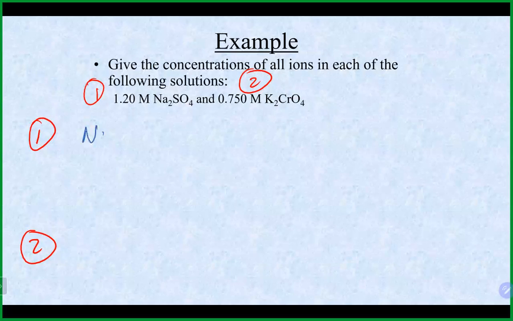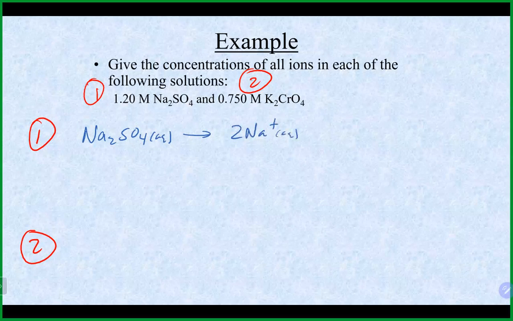So really the first thing you got to determine is how this guy is going to break apart. So if we took our first guy here, our sodium sulfate in solution, it will 100% break apart into two sodium ions and a sulfate ion, basically when it dissociates and breaks apart.